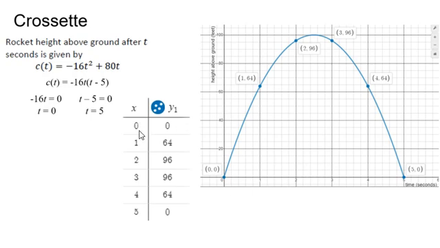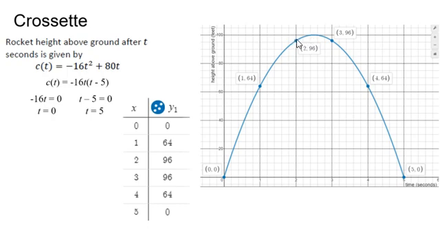Because they gave me the equation, I can take any value and substitute it in for my t here and my t here to get my function of x or t. I can see the practical domain is from 0 to 5, and the practical range from 0 up to somewhere in between.